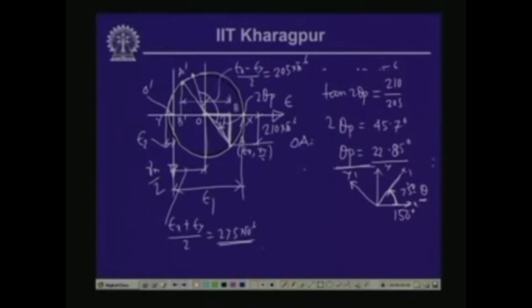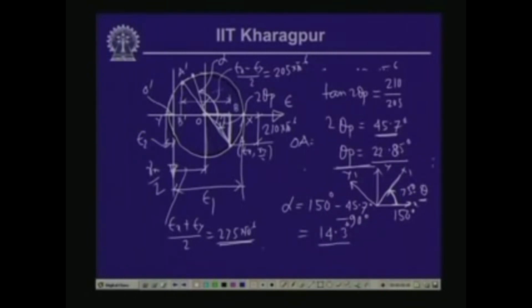Now, from here to here, this is 150, 2 theta p we have obtained as 45.7, this is 90. So, this angle, if we call this alpha, then alpha is equal to 150 minus 45.7 minus 90. So, this gives us an angle of 14.3 degrees.